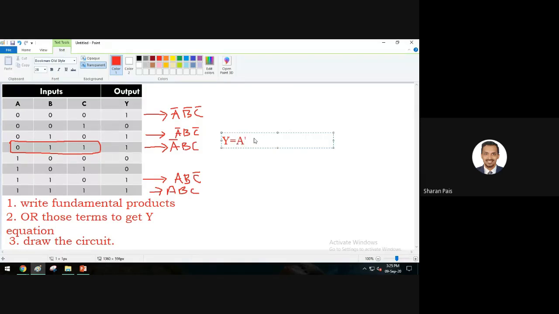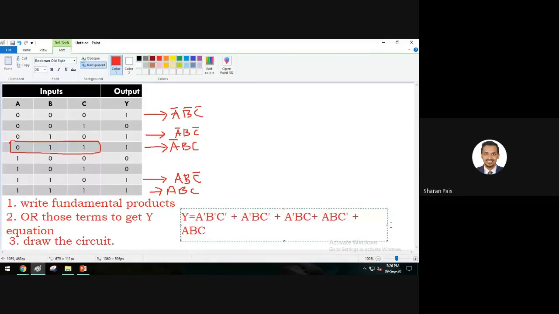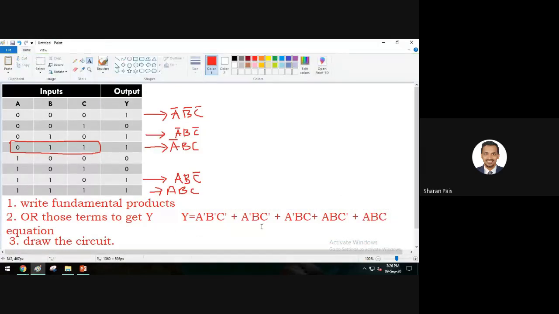First one is A bar, B bar, C bar, then plus, that is OR operation, then A bar, B, C bar, plus, next A bar, B, C, plus A, B, C bar, plus A, B, C, something like this. So this is the final equation of the circuit.